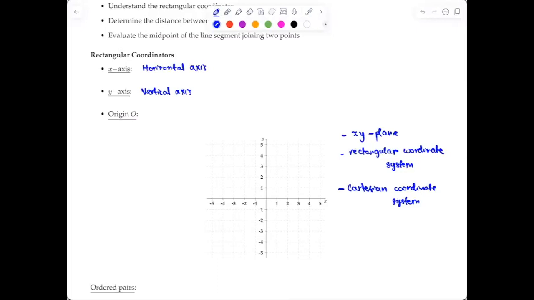The origin O is the intersection point between the x-axis and the y-axis. So here is the origin O, and the origin O is the point (0, 0).